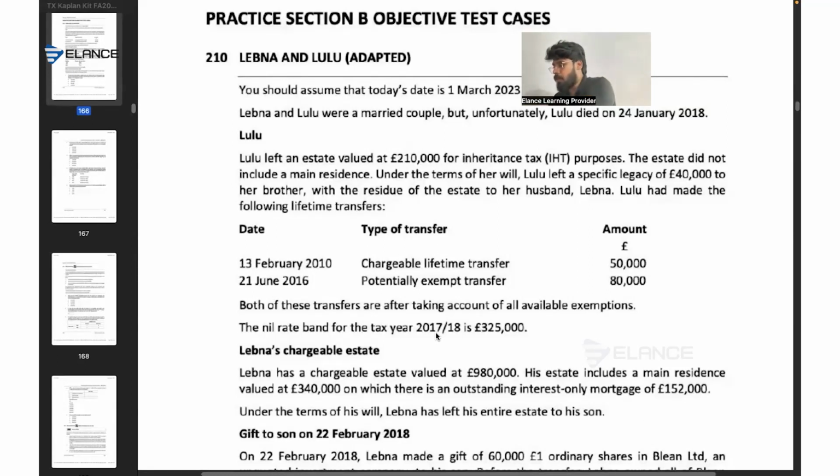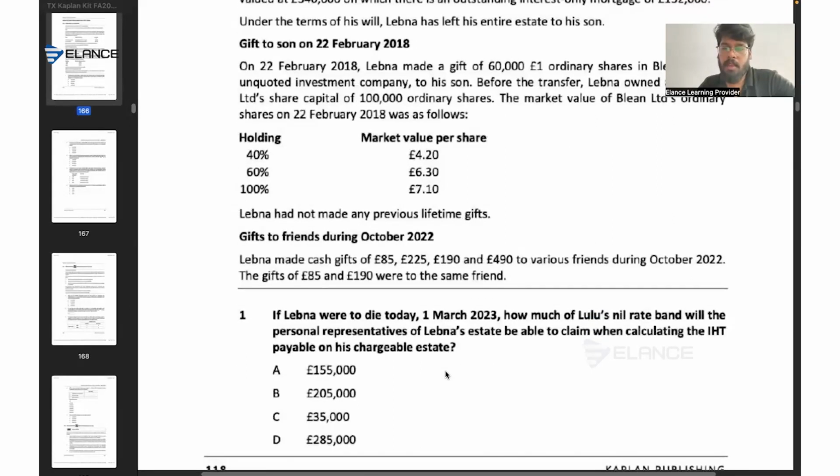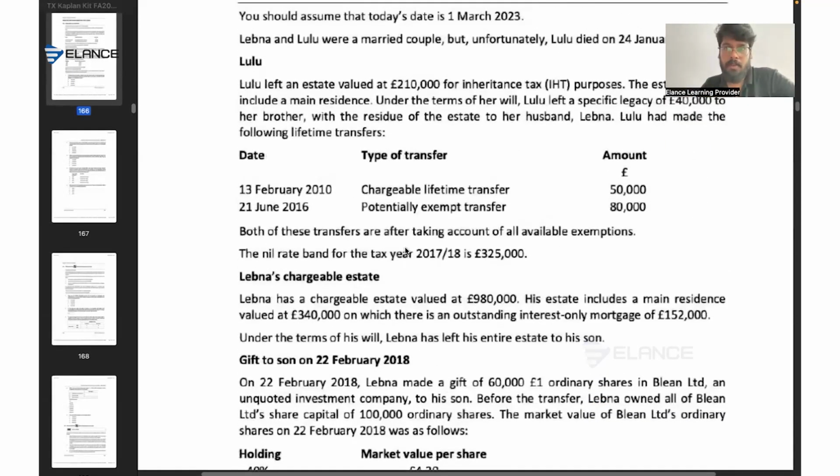In any section B question, first you should not go through the scenario initially. First go to the first requirement and read the requirement carefully, and then come to the scenario. Then you can start reading the question.